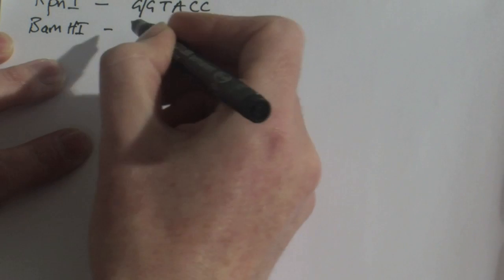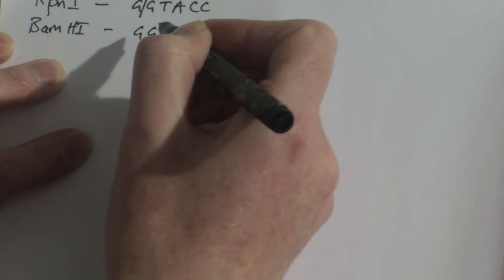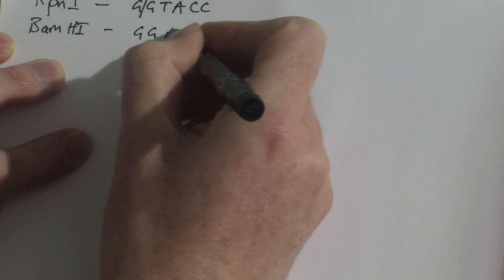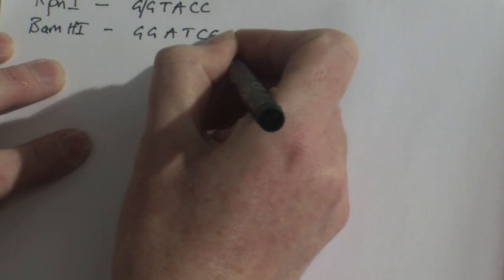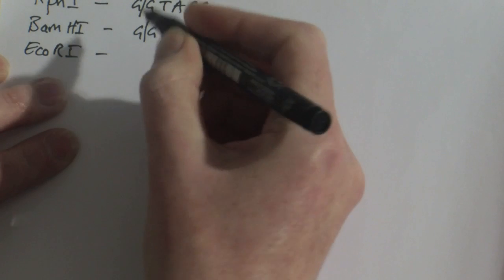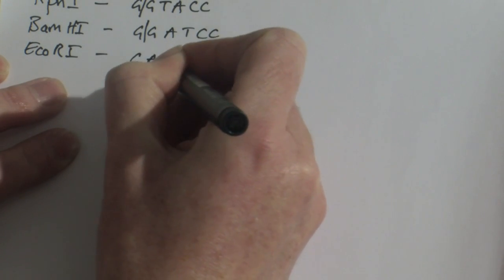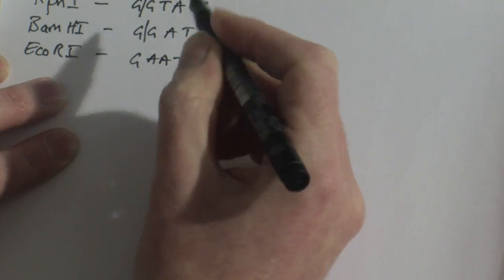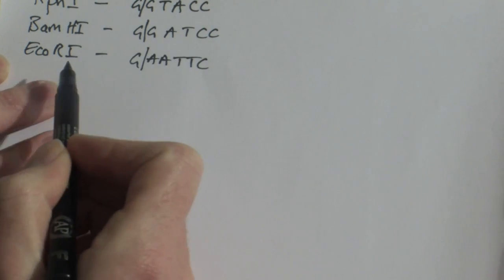Another enzyme will have a completely different specificity. So for example, BAMH1 will cut at this DNA sequence here, GGATCC, and again it cuts between the two Gs. EcoR1, for example, will cut GAATTC, and it cuts between the G and the A.